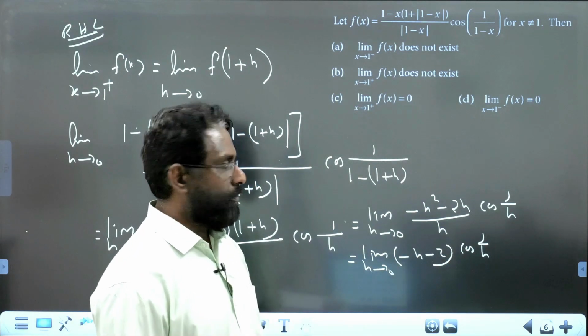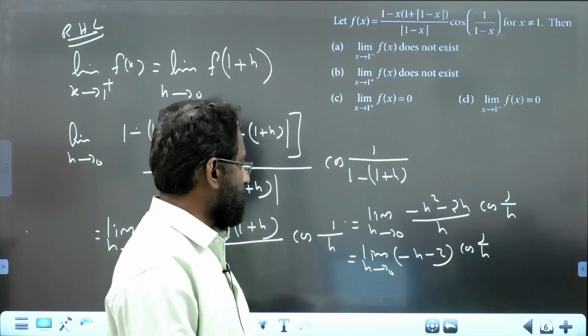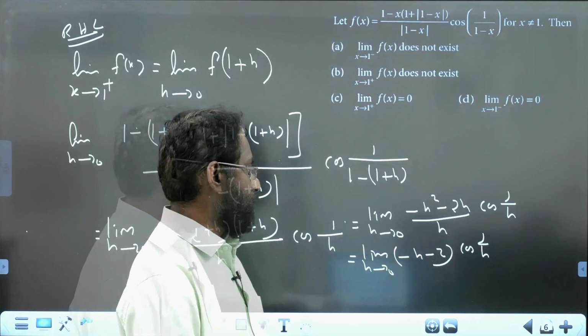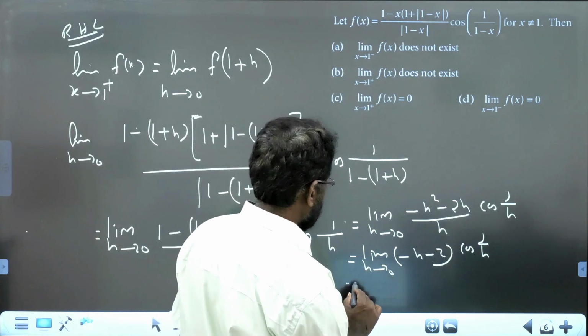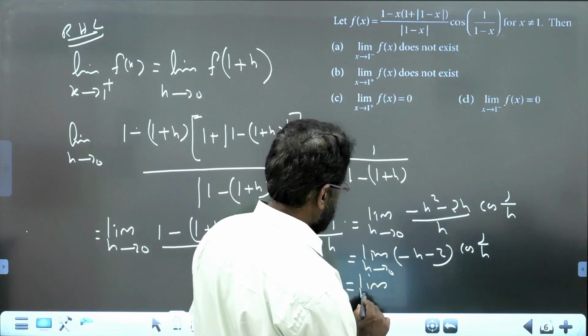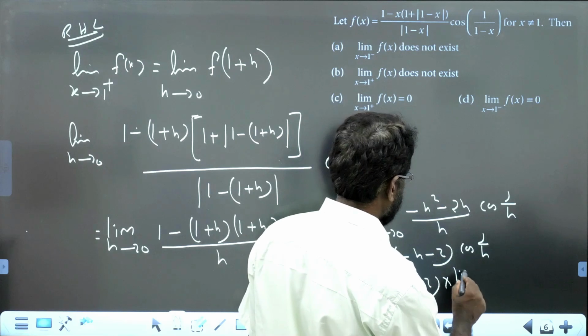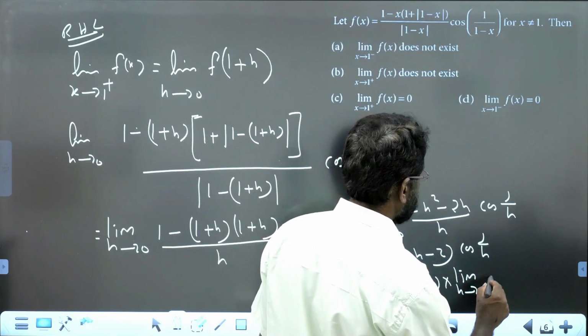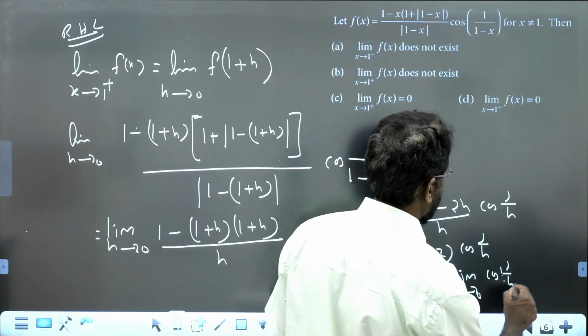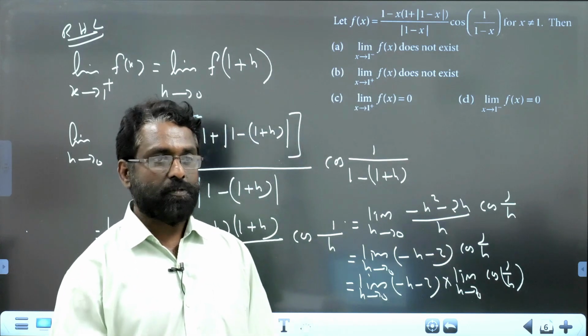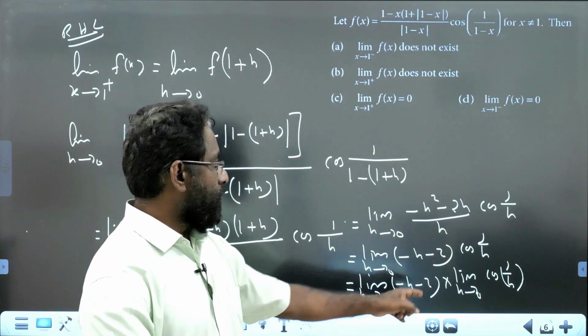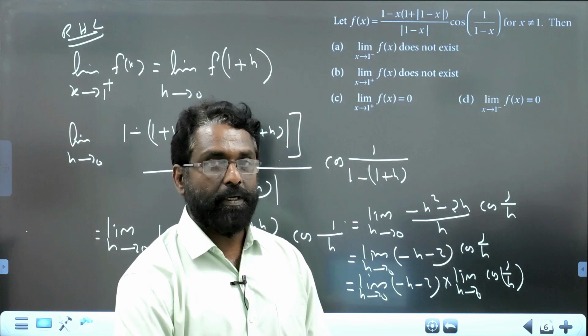What is the limit? This is equal to limit h tends to 0 of (minus h minus 2) into limit h tends to 0 of cos 1 by h. What is limit h tends to 0 of cos 1 by h?